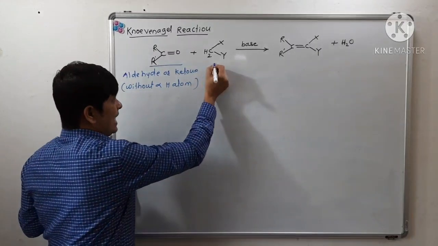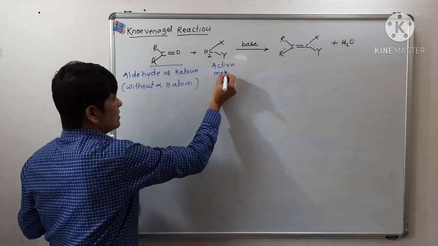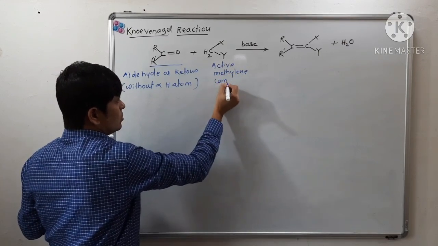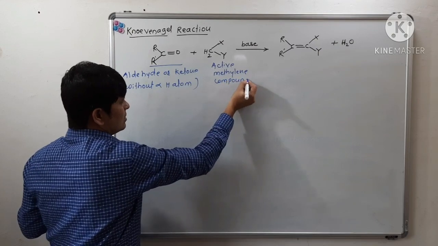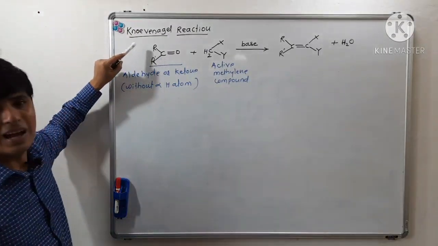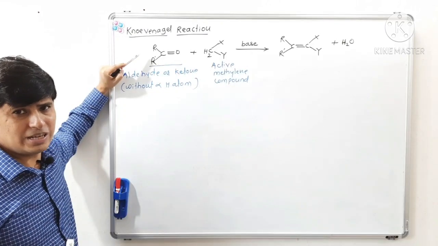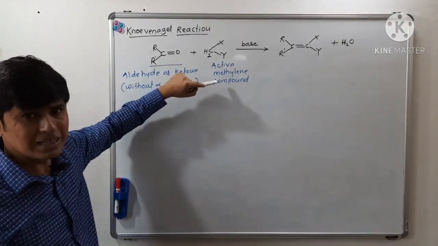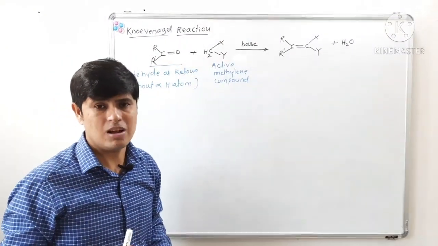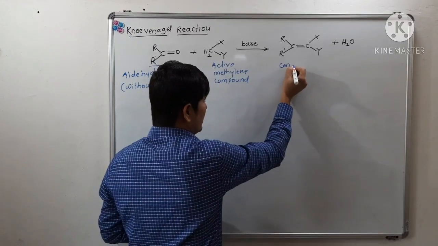Active methylene compound. So it is a condensation of an aldehyde or a ketone having no alpha hydrogen atom with active methylene compound in presence of base, to give a condensation product.